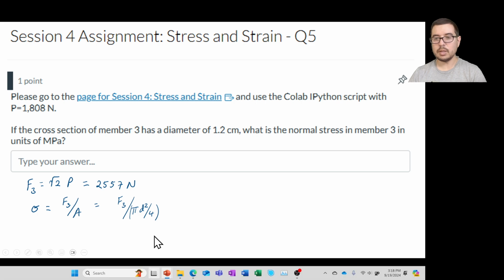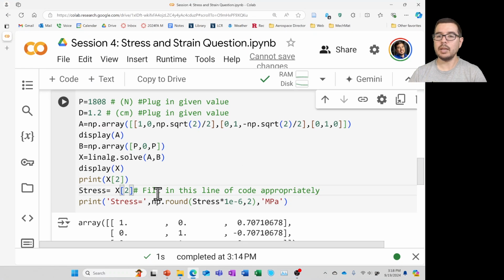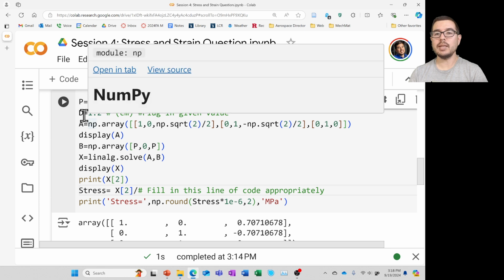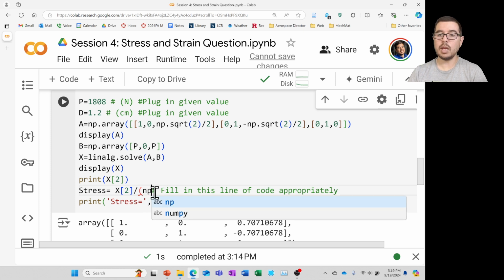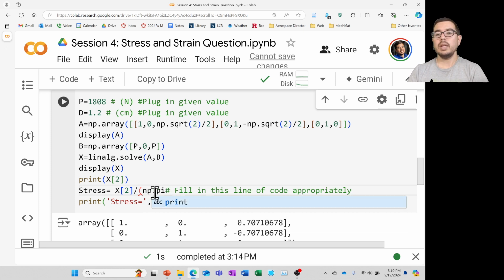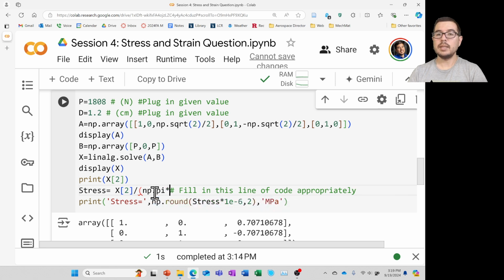So again, this may be an overkill use of Python to solve a problem, but I think it's good to see this process because you can use it to solve more complex trusses. So x2, and I need area, so the cross-sectional area. Now, what am I going to use for that? The diameter. And what is the area for a circle? It's going to be pi d squared over 4. So I use np.pi. That's pi times the d squared.